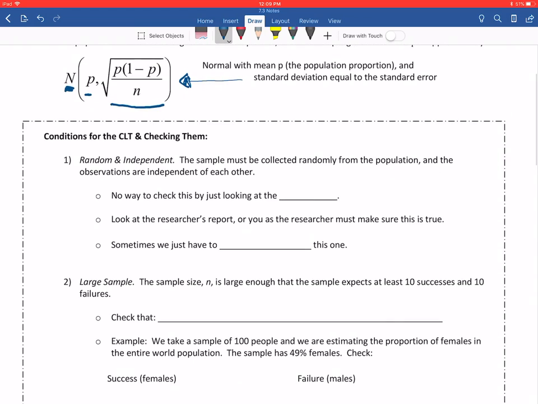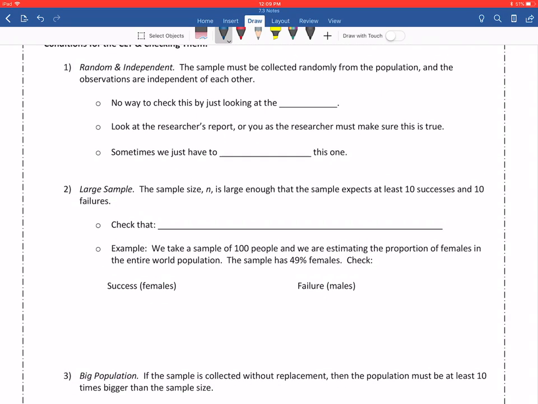So let's look a little closer at the conditions and how we're going to check them. The first one is that random and independent idea: your sample must be collected randomly. That's honestly what we're usually looking for, that word random or randomly in the wording of the question. If it's just raw data, numbers in a spreadsheet, you may not know how it was collected.